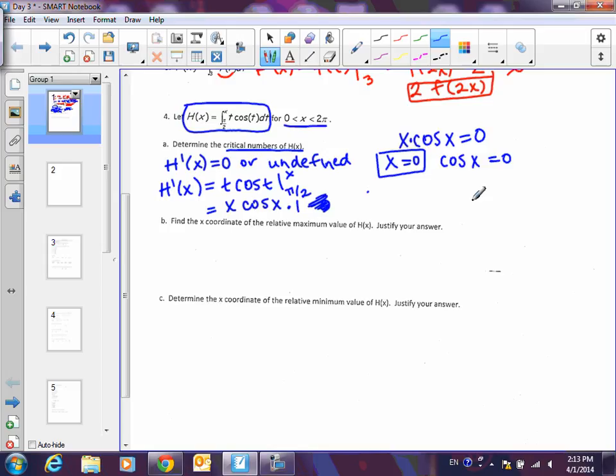Who's feeling super confident in their trig? All right. So here's what I'm going to suggest again. If you're not feeling confident about your trig, what you've got to do is put down on paper what you do know. Hopefully you do know what the parent function of cosine looks like.